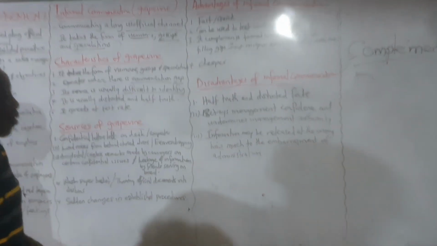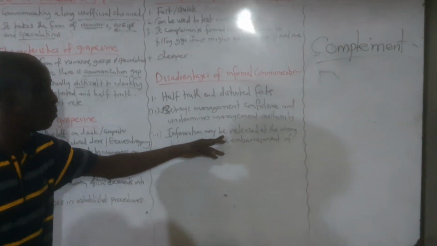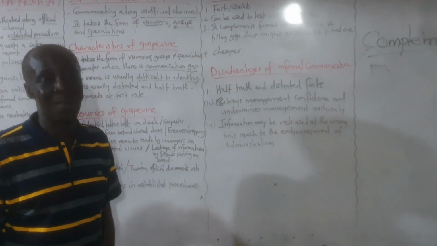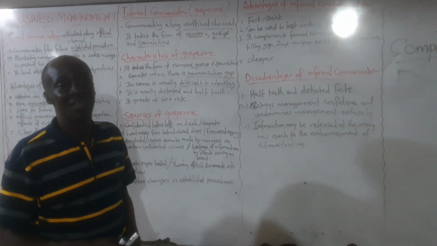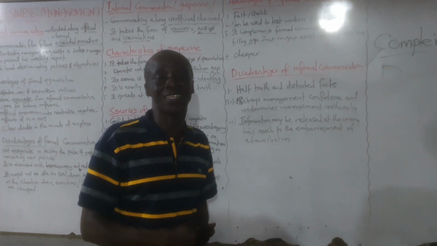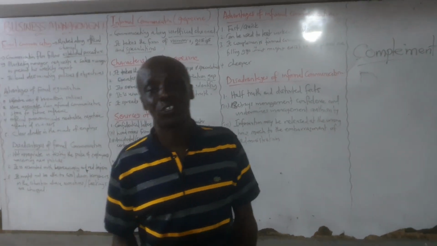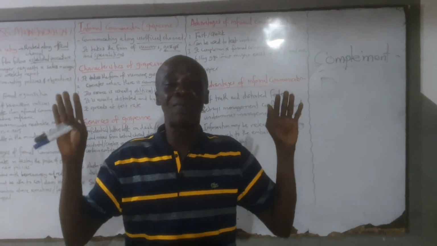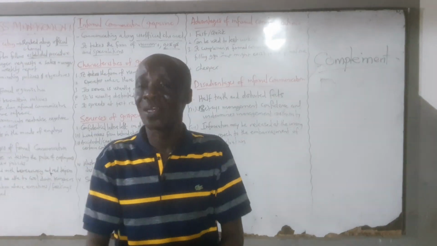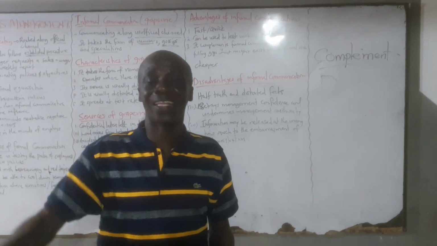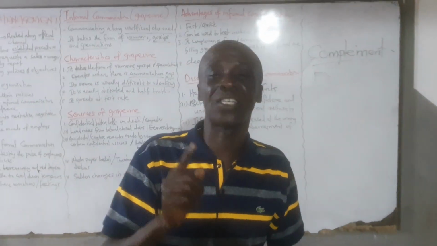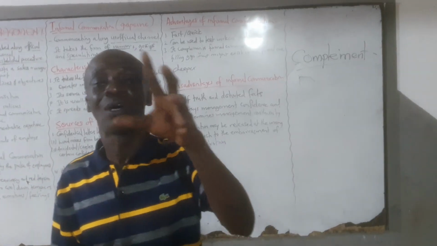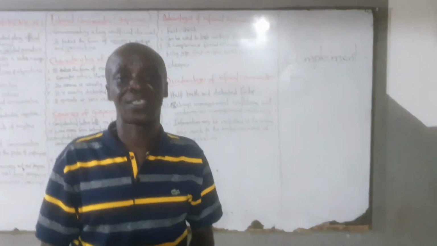The last one is that information may be released at the wrong time. Time is very, very important. There are certain times when you release certain information, and it may be accepted or welcome. That same information at another time may not be accepted or welcome. Even as a student, you must know when to ask something from your parents.